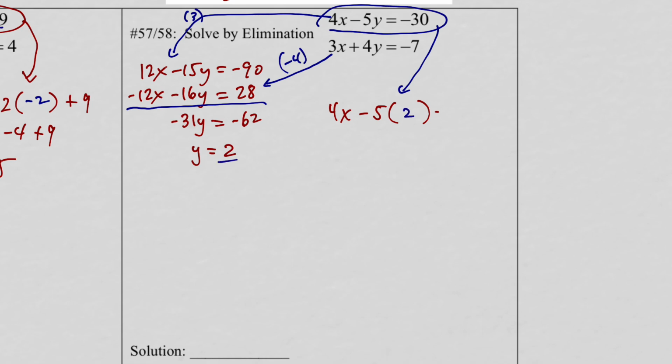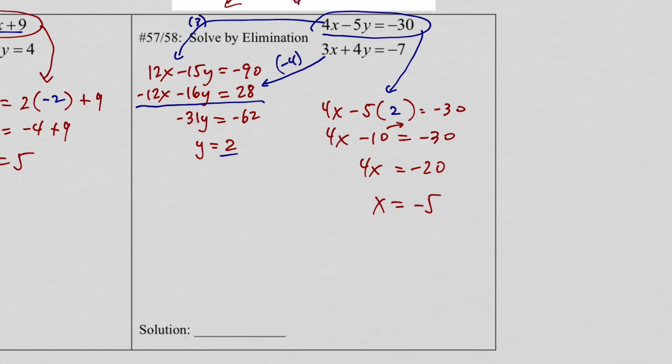That's going to be equal to negative 30. So 4x minus 10 equals negative 30. I'll bring this over. Negative 30 plus 10 is negative 20. Divide by 4 and get x is negative 5. So the solution is going to be, you always have to put the x first and then the y. So negative 5 and then 2.